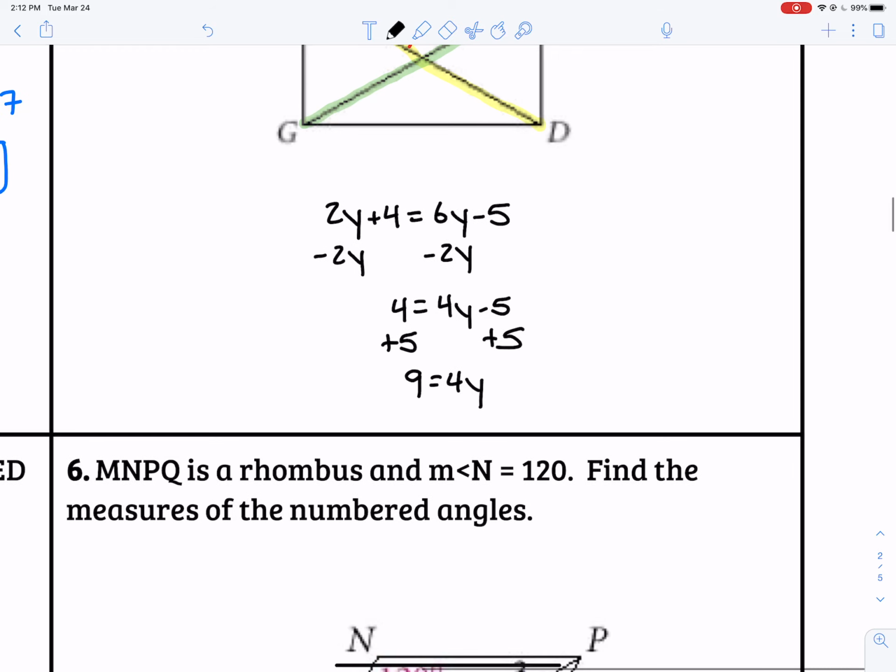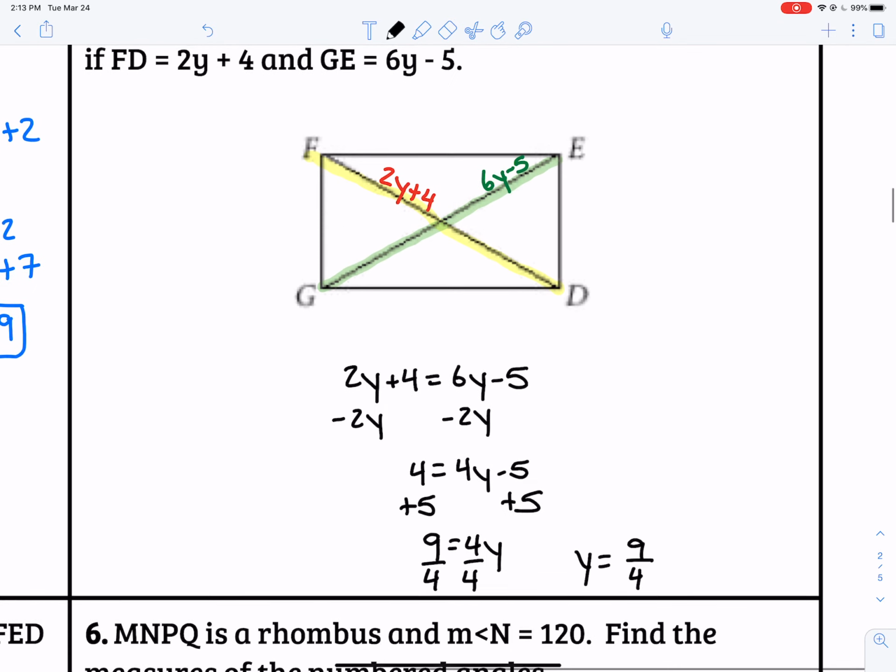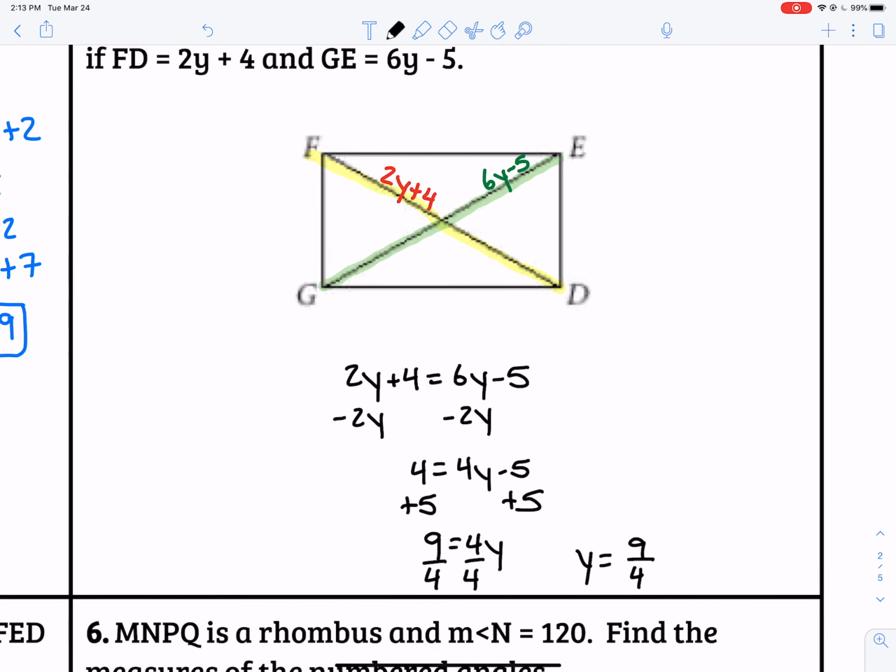So we get 9 equals 4y. We could divide by 4, so y is equal to 9 over 4. But now we just want to plug that back in and be able to find the length of each diagonal, but they're equal to one another, so you can plug it into either one of the values they gave you.